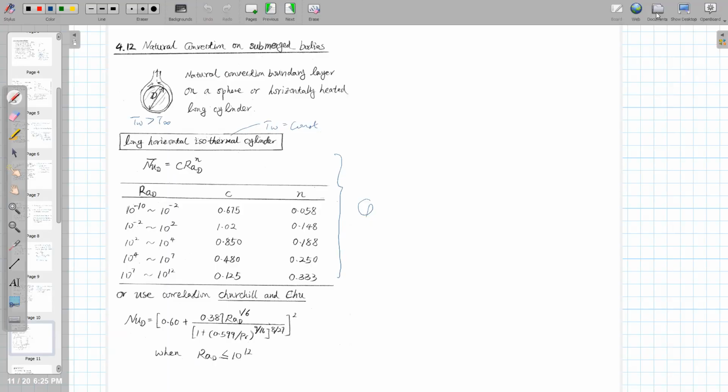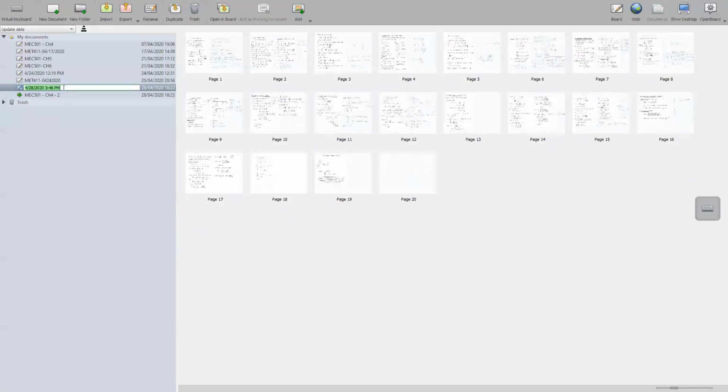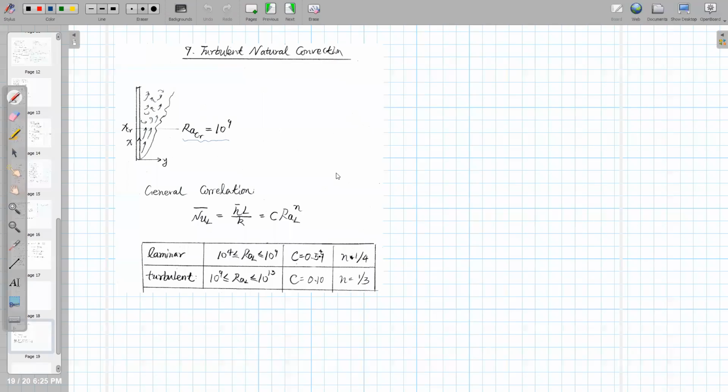Okay, but let's go back to today's lecture notes. What I want to say is that for these laminar cases, the empirical correlation for Nusselt number will be C times the Rayleigh number to a power n.